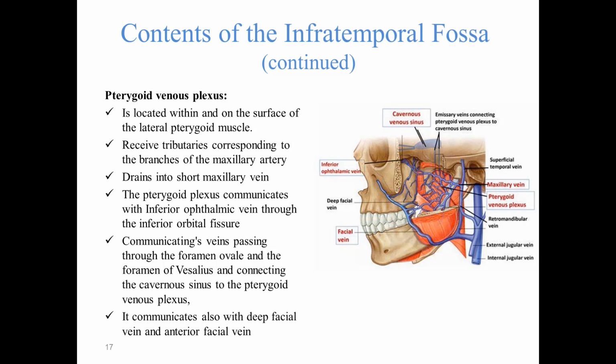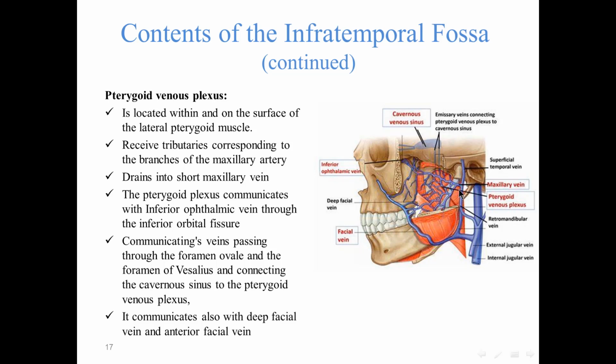The sphenopalatine, deep temporal, pterygoid, masseteric, buccal, alveolar, greater palatine, and middle meningeal veins, which are like the branches of the maxillary artery, are tributaries of this plexus.